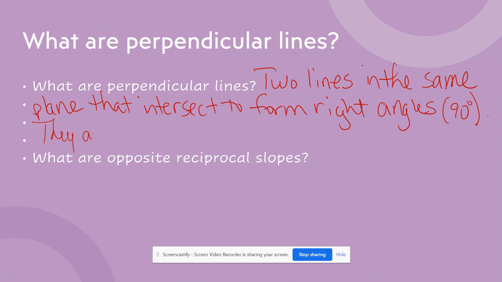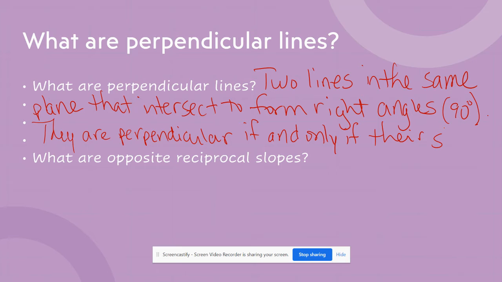They are perpendicular if and only if their slopes are opposite reciprocals.